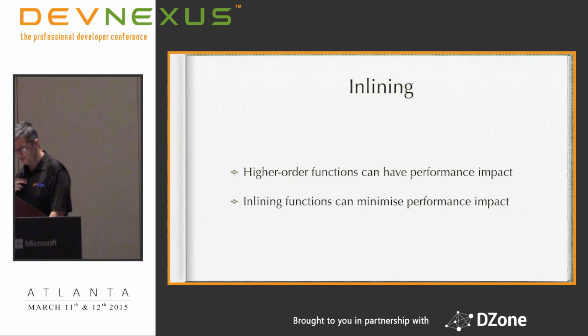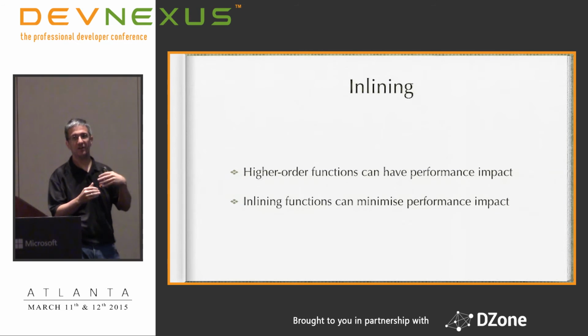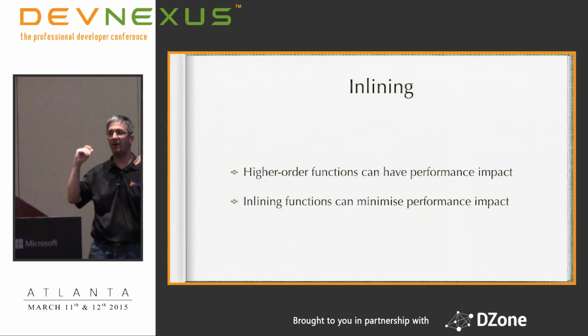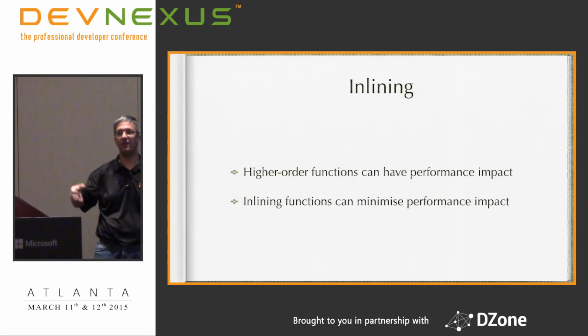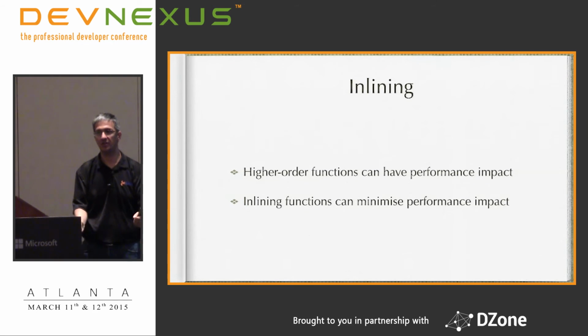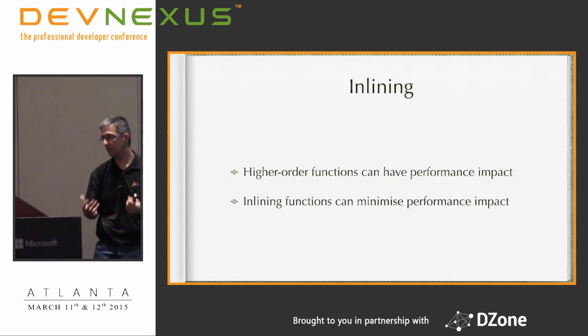Other things that you have to be wary about are inlining. A lot of times compilers are smart enough to allow you to inline calls. So if I don't have to maintain closures on variables when I'm passing a function, what the compiler can do, instead of calling that function, is just take the body of that function and embed it directly in the function that it's being passed to. And that's called inlining.